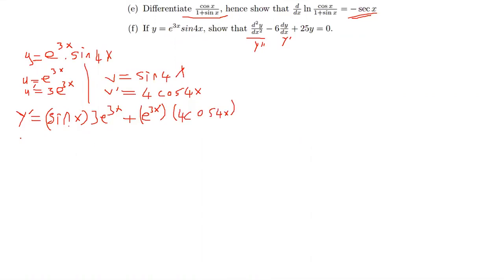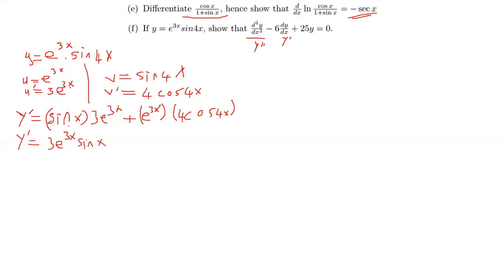So here it's just a matter of simplifying the expression. When you multiply that, you're going to have 3e to the power 3x times sine 4x.